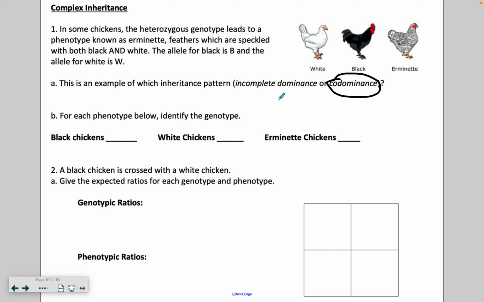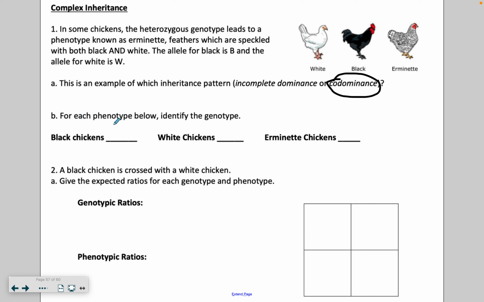I'm not going to, because writing it out on my mouse pad is just not ideal. In some chickens, the heterozygous genotype leads to a phenotype known as erminant feathers, which are speckled with both black and white. There's that both show up, codominance. The allele for black is a capital B, and the allele for white is a capital W. For each phenotype below, identify the genotype.